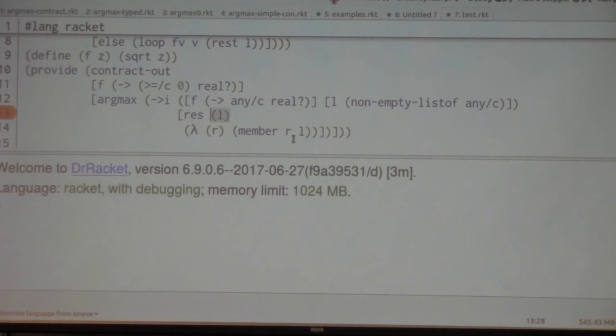So previously, we could say things like real question mark or list question mark or various function contracts. But now we have a dependence between the actual value that we get in and the predicate that we use to check the value that we get out. And that's a dependent contract.